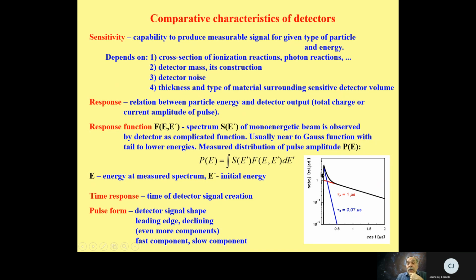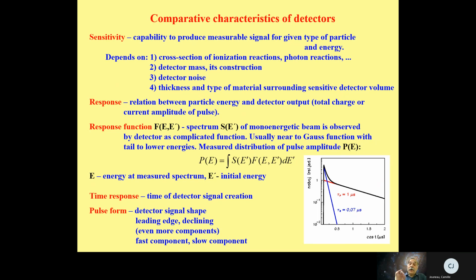The ratio between these two components depends on ionization, and it is different for ionization from, for example, different types of ions or from electrons, and from gammas.